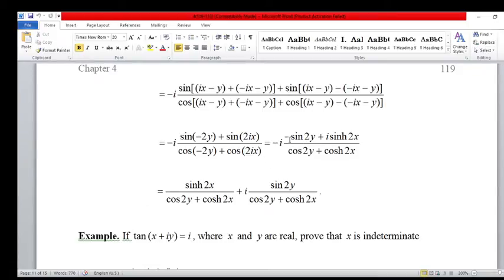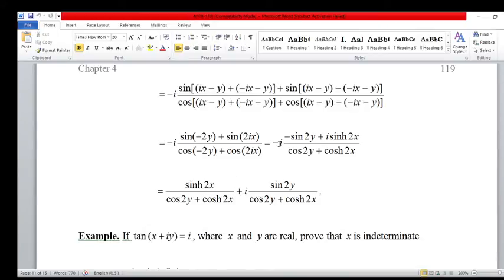This is minus i times minus, giving i sin twice y, and minus i square times minus plus, giving sin hyperbolic twice x upon cos twice y plus cos hyperbolic twice x.